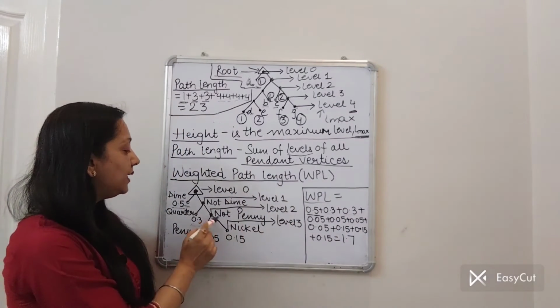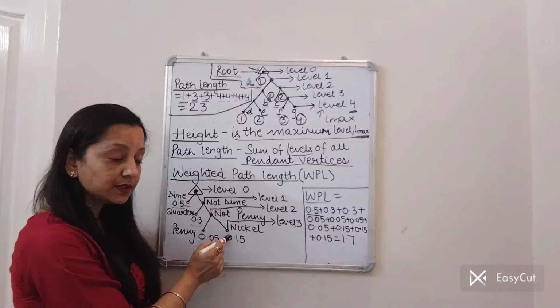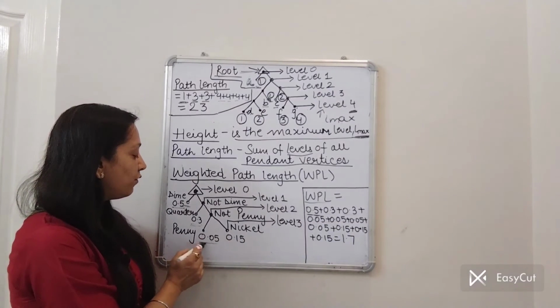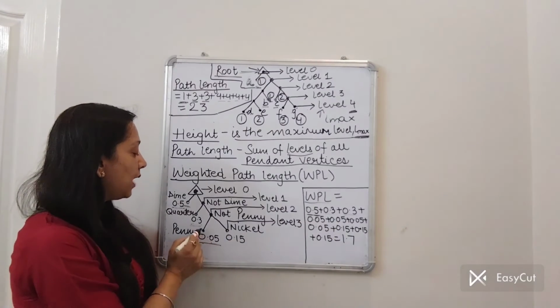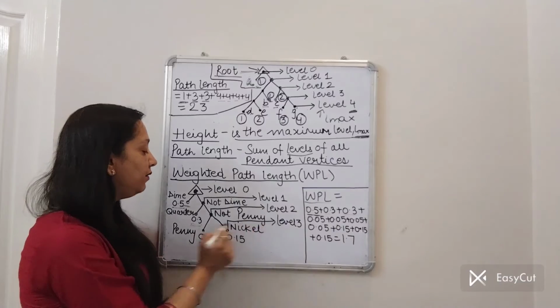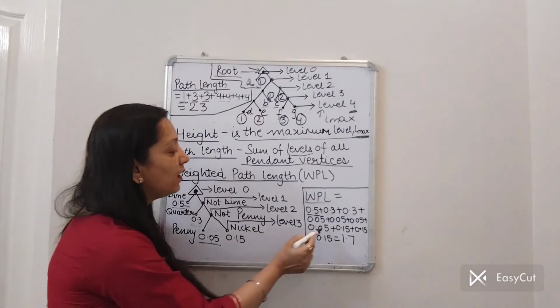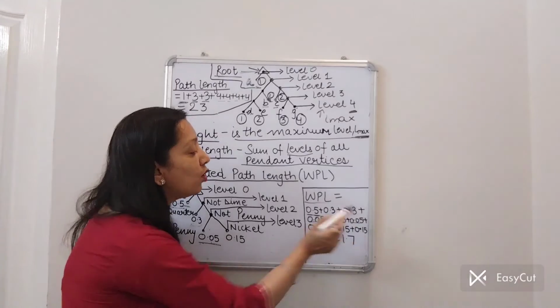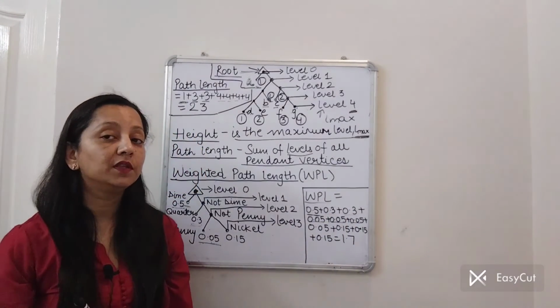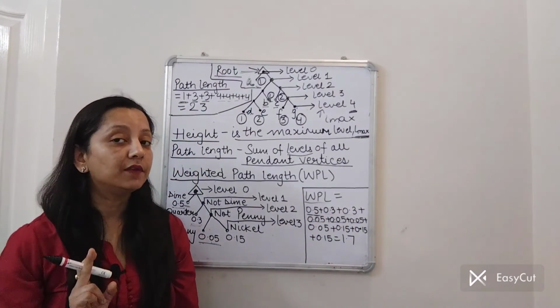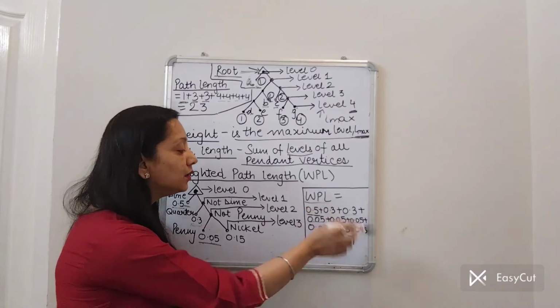Now next, moving on, at level 3 we have two pendant vertices, right? Now the probability of a penny is 0.05 and we have this pendant vertex at level 3. So that means 0.05 will be written thrice because it is a weight associated with the pendant vertex which is at level 3.